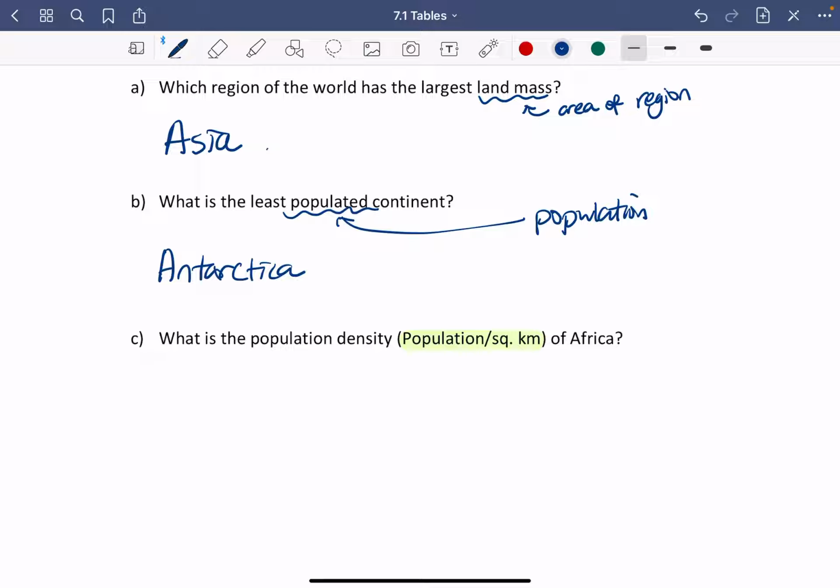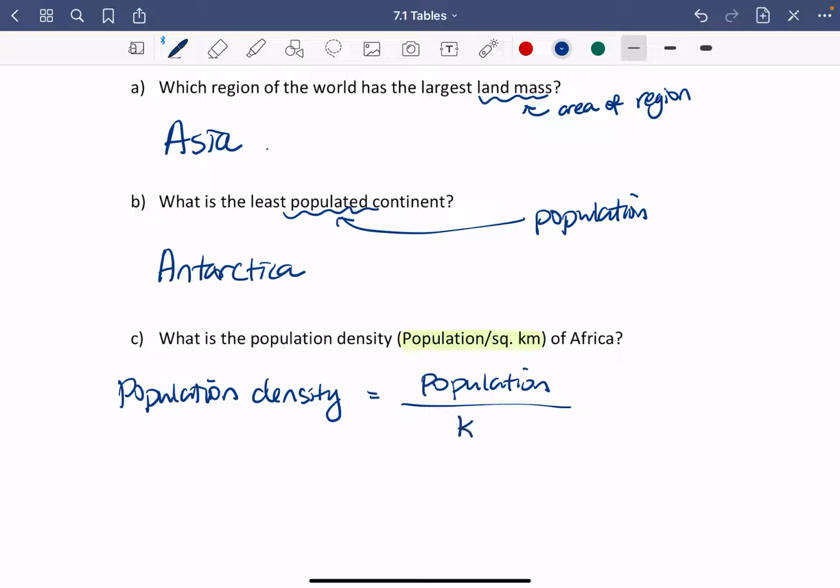So let's write that down. Population density is equal to the population, the number of people, divided by square kilometers.